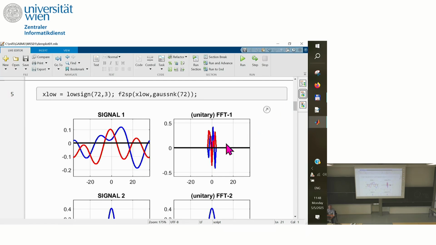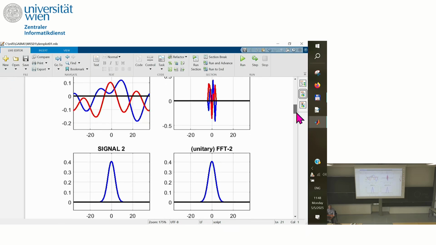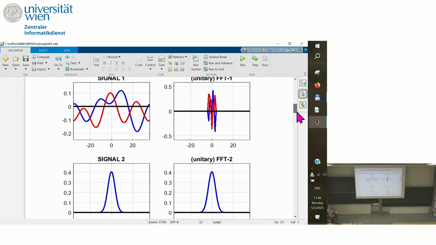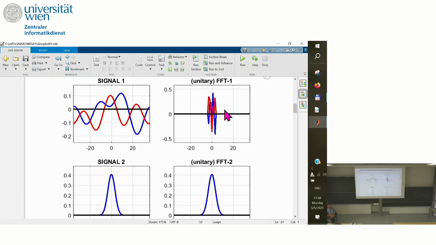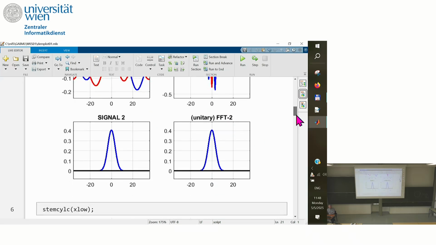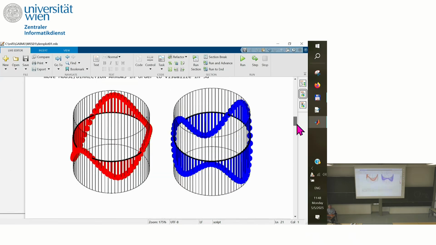What you see on the F2 spec is that we compare two functions, two signals, and how they look different on the time and the frequency side. What you see on the right-hand side upstairs here is 7 random coefficients. Then you take the inverse Fourier transform, and you see real part, imaginary part, always plotted with the center in the middle. And the Gauss function looks quite similar, and actually it is.